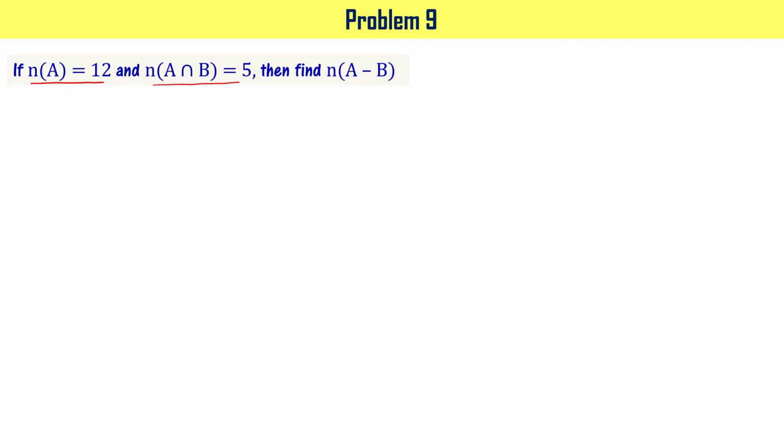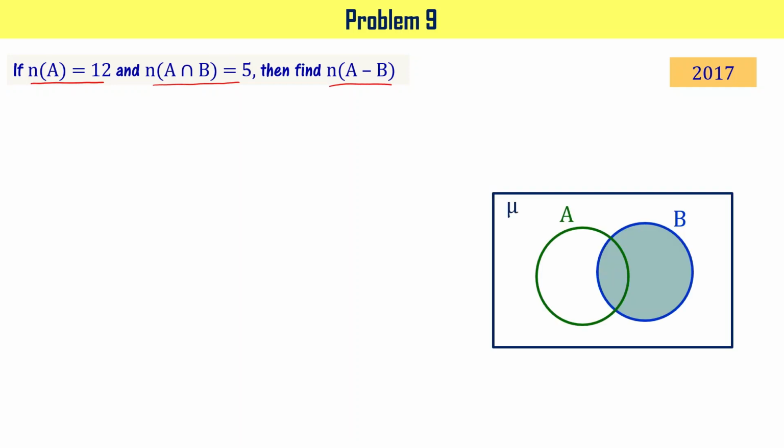The next question is problem number 9. If n of A equal to 12, it means the number of elements of set A is 12, and n of A intersection B is 5, then find n of A minus B. It is from year 2017. It can be shown using a Venn diagram as shown here.